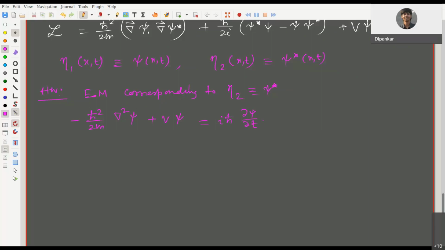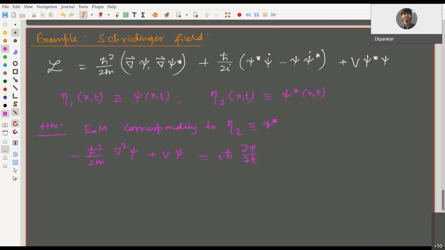Now, this is not the most interesting part, so I do not even want to know this equation of motion. Suppose I did not do this part. I didn't know about the equation of motion at all. I just look at this Lagrangian here.